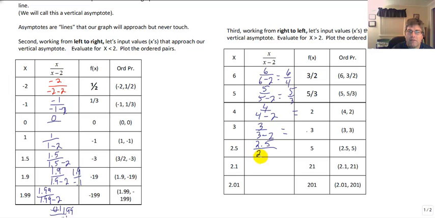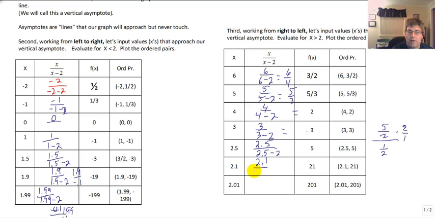So 2.5 over 2.5 minus 2, which is the fraction 5/2 divided by the fraction 1/2, which is the same thing as 5/2 times 2 over 1. Sure enough, that's 5.